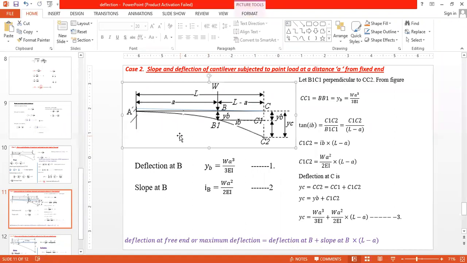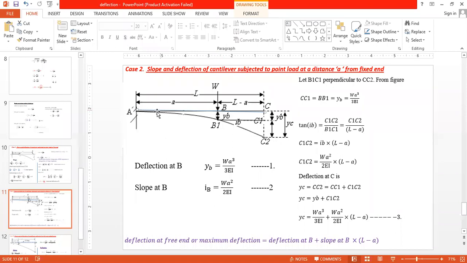Now on this cantilever, load W is applied at a distance A from the fixed support. The total length of the cantilever is L. The load is applied at distance A from the fixed support.